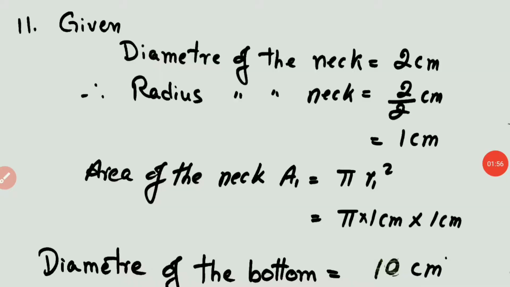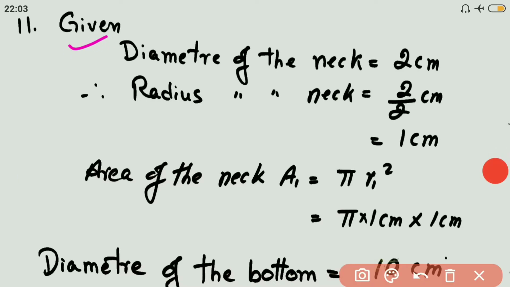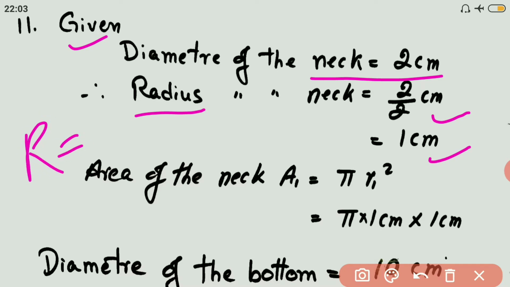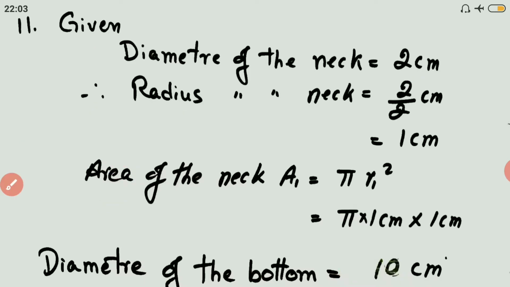Coming to question number 11's solution, given the diameter of the neck is 2 cm, and the radius should be 2 upon 2, which is 1 cm. Obviously you will know that radius should be equal to half of the diameter. Now the question arises, why do I need this radius?